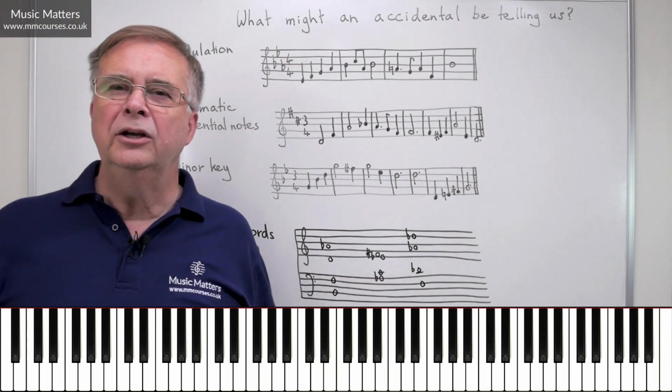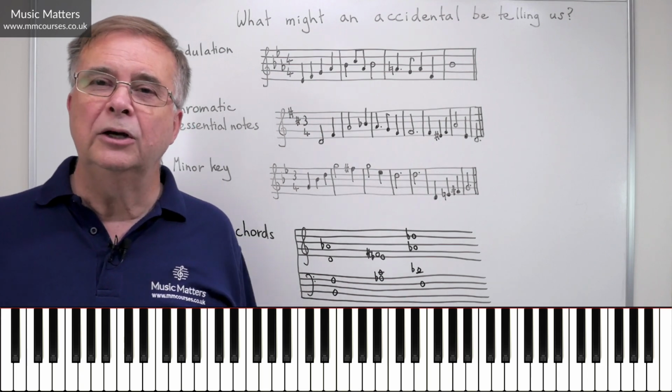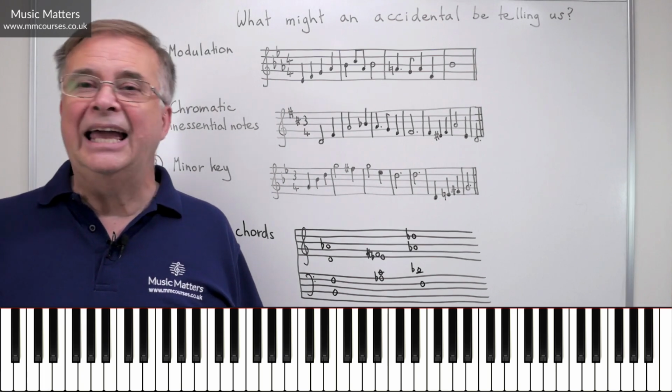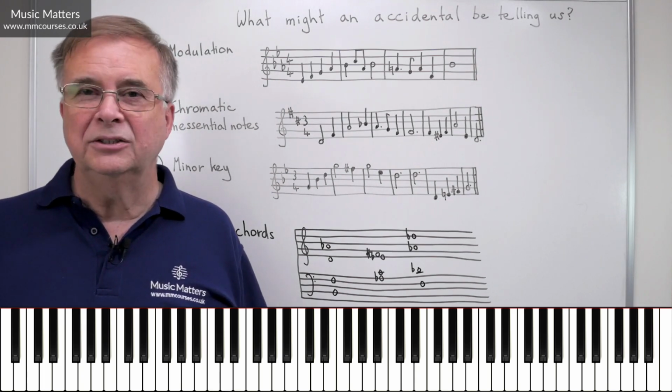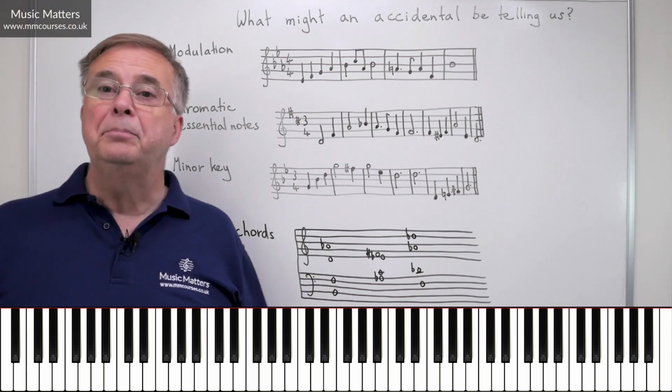So knowing what's going on in your playing is very useful. And if you're composing, writing, arranging, knowing all these little tricks will just add that extra colour and spice to your writing. So there we are. What might an accidental be telling us?